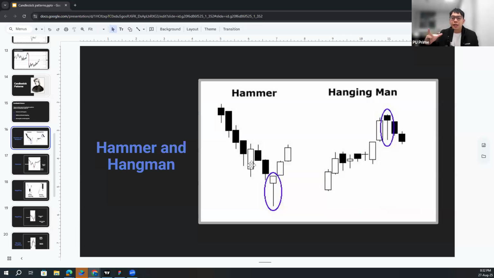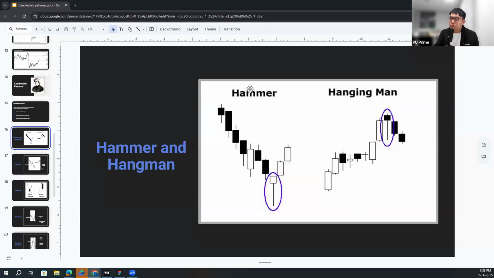A full body means, it depends if it's a bullish candlestick, that at this time the opinion is very strong, everyone believes in one direction. A tiny body means that the opinion is mixed. People change their opinions a lot, and it pushes the body. And of course the tail shows the highest and lowest price, just to tell us during that particular time frame what the highest price and the lowest price were.